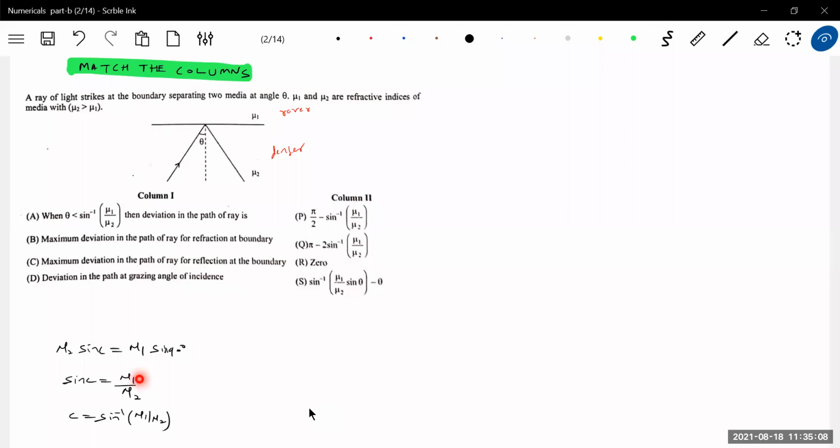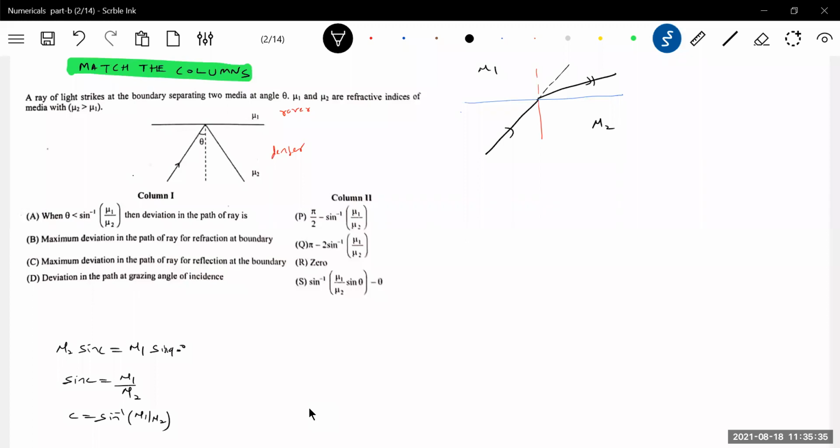Just the idea of TIR is what we are analyzing. Nothing big is there. When the angle of incidence is less than the critical angle, the ray will undergo refraction, moving from mu2 to mu1. What is the deviation? This is the deviation.